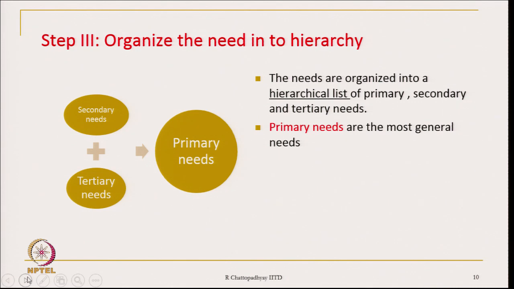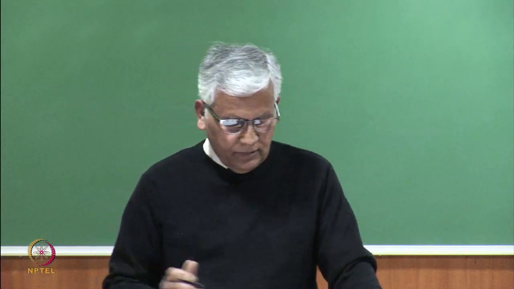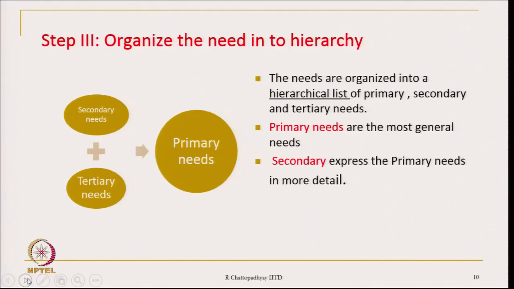The needs are organized into a hierarchical list of primary, secondary and tertiary. Primary needs are the most general needs, something which is most important, and in general terms we write the primary needs. Secondary needs express the primary needs in more detail.